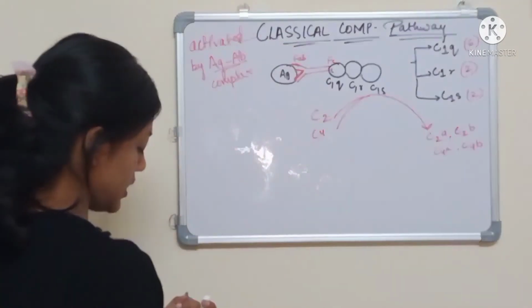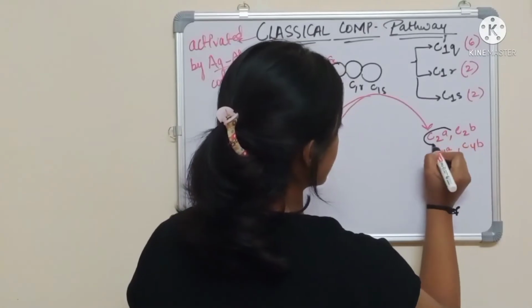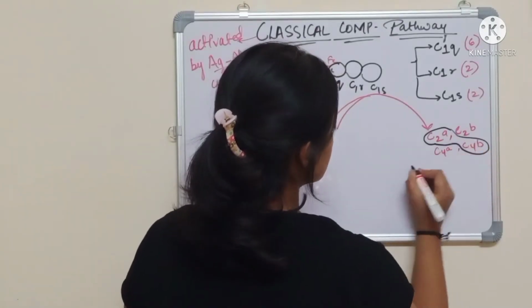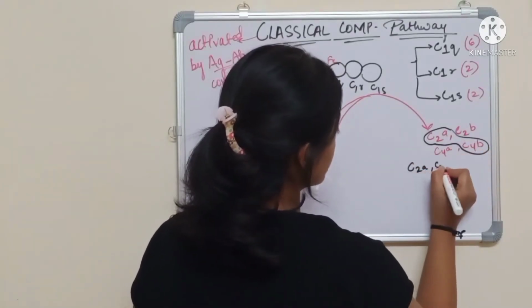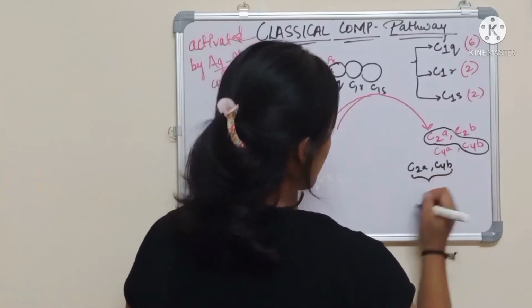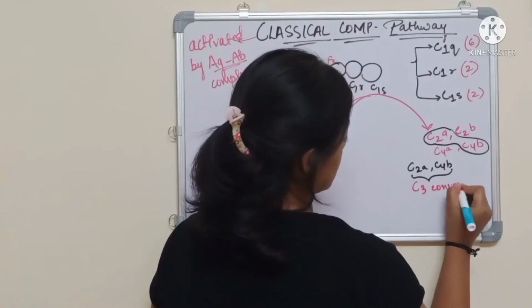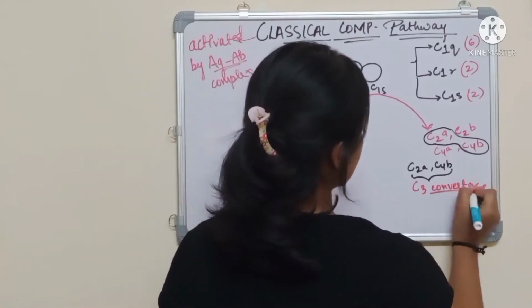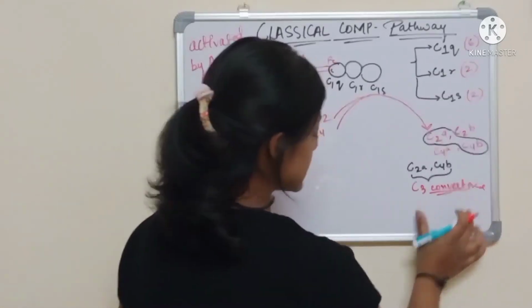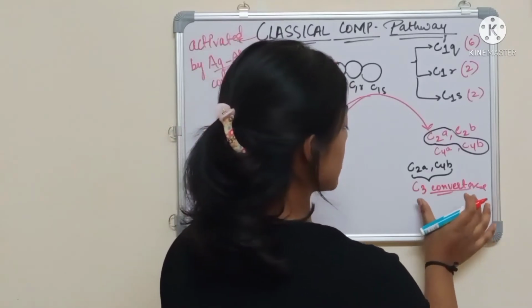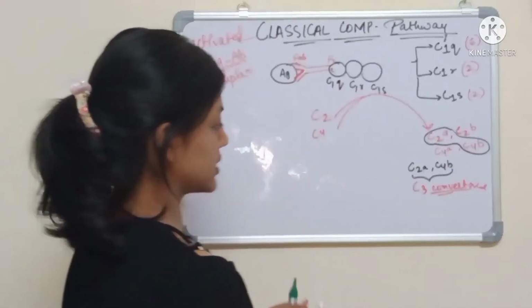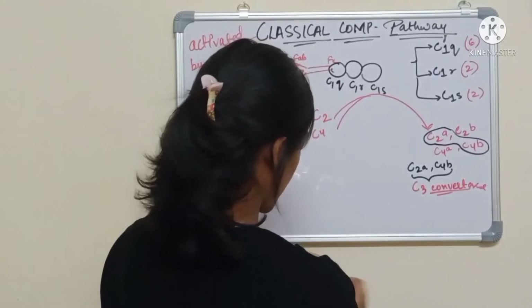C4b. Now this C2a and C4b form C3 convertase. The name suggests that it will convert the C3 complement protein. C3 is another complement protein.